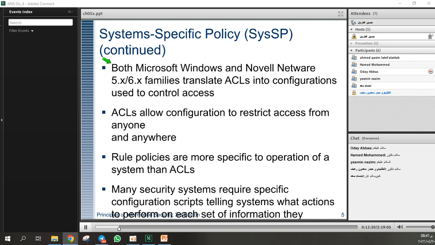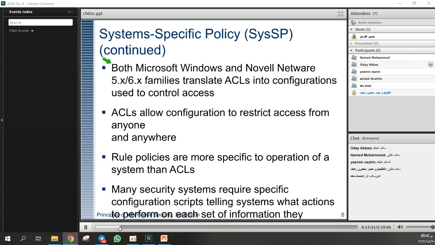So inside the network, we need to use access control lists. How can I translate the access control list in Windows into the access control list in Novell NetWare, or the access control list in Novell NetWare into the access control list in Windows? How can I translate them?